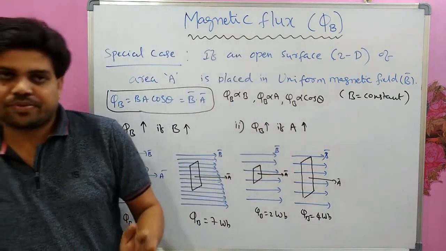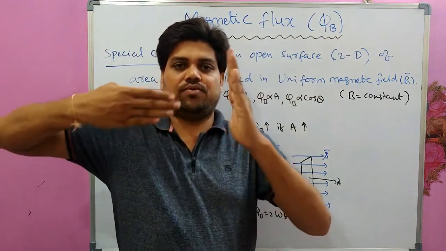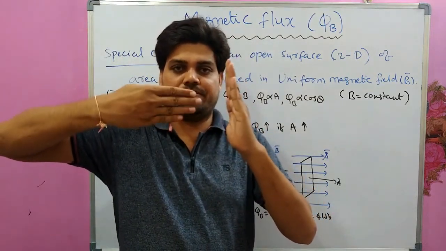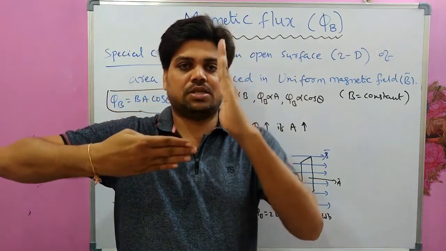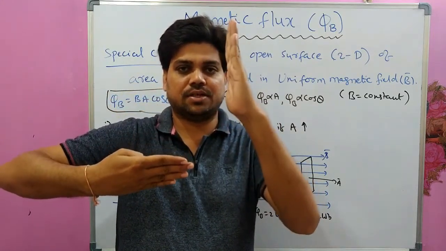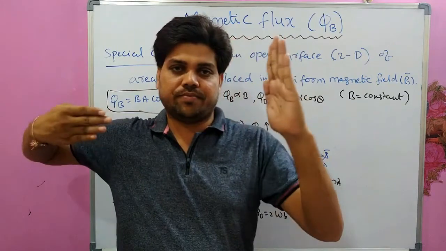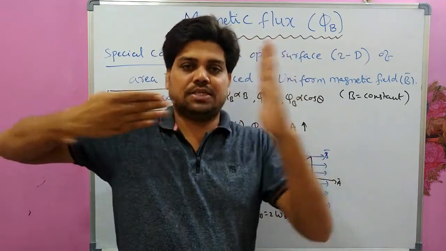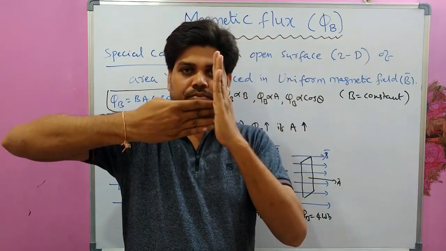It's very simple. See, there are 4 magnetic field lines, for example, here. I have taken one small surface like this. My hand is one surface, open surface. So magnetic flux is now 4, right?